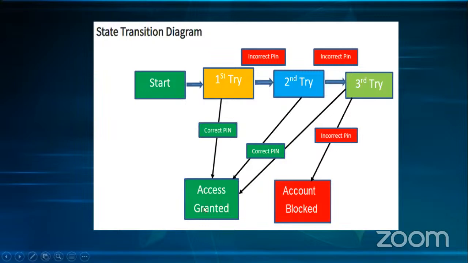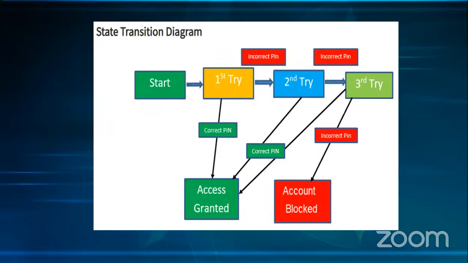Now the other path. The first try, incorrect PIN. Okay, that's fine. The second try, incorrect PIN. Fine. In the third try, I got the prompt to tell me, be careful, this is the third time.